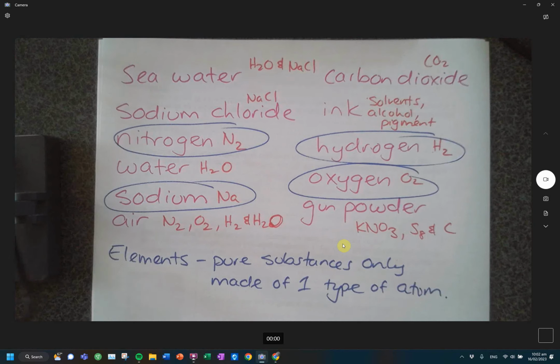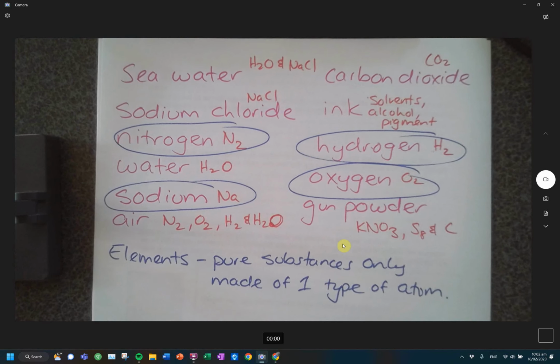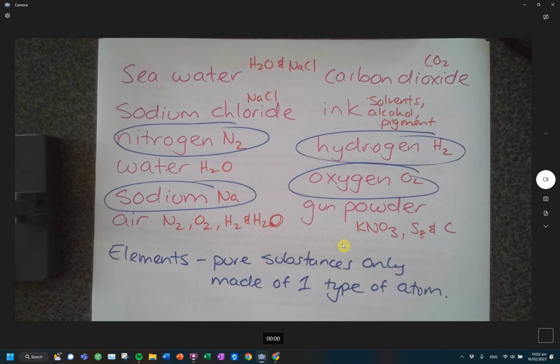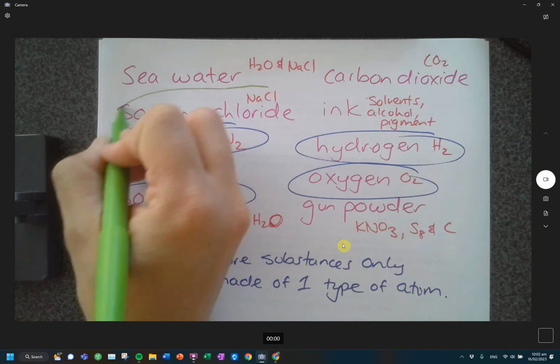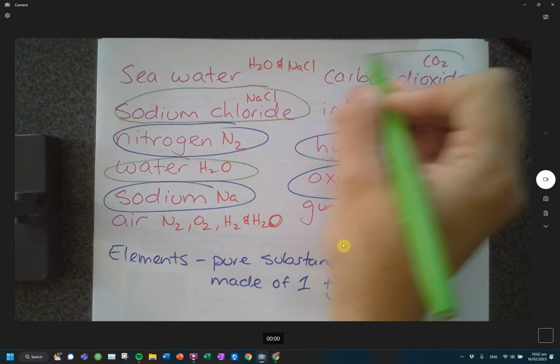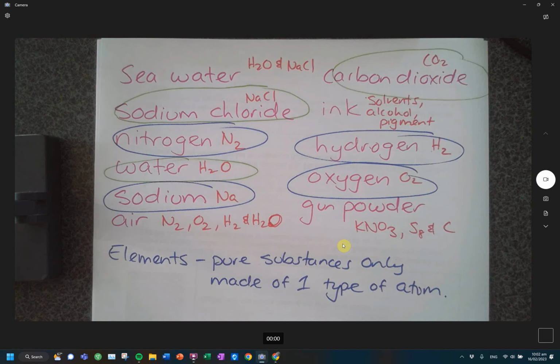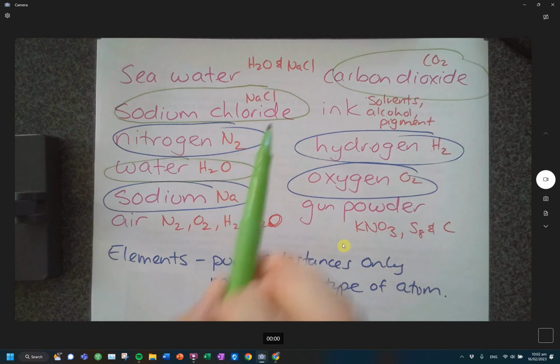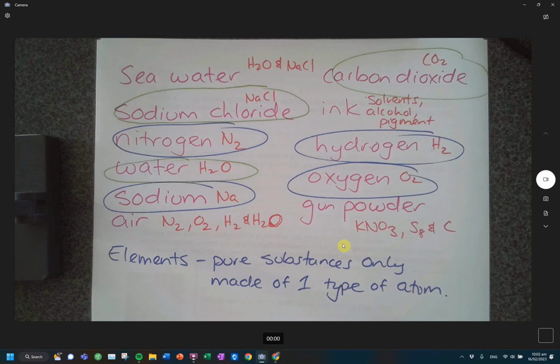All right. Next one includes these guys, the sodium chloride, the water, the carbon dioxide, and that's it. Those 3, sodium chloride, water, and carbon dioxide. These guys are compounds.